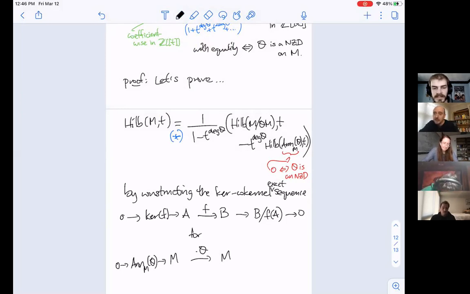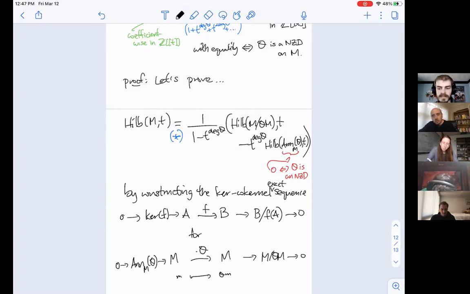That's the definition of the annihilator. This map is M goes to theta M. It multiplies by theta from the ring on the module. So the annihilator is its kernel. And notice, M mod theta M is the right thing to stick there because the image of that map is theta M.